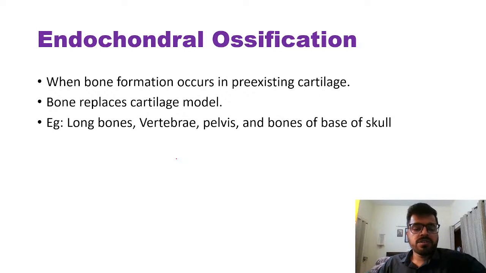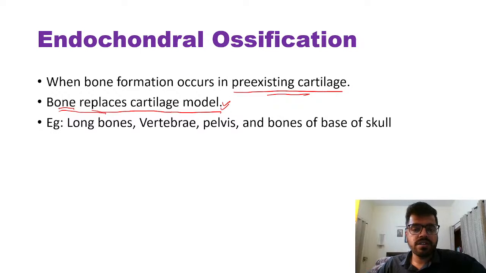So endochondral ossification, when bone formation occurs in pre-existing cartilage model. That is, the bone replaces the cartilage model. Cartilage is not getting converted to bone. The bone is replacing the cartilage model in endochondral ossification.